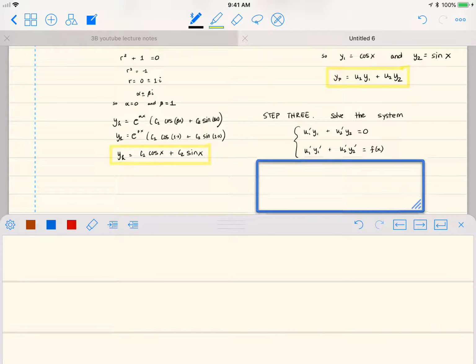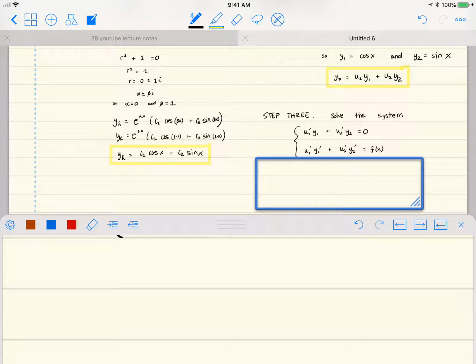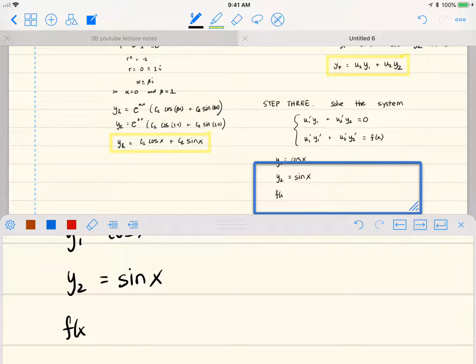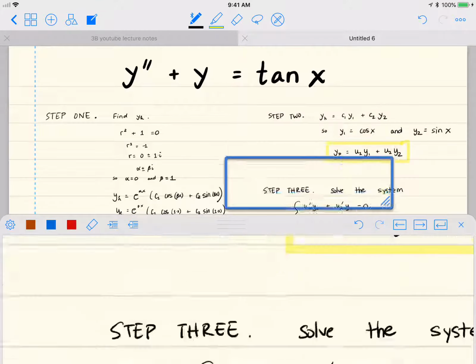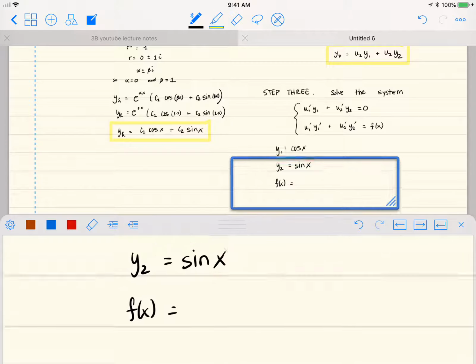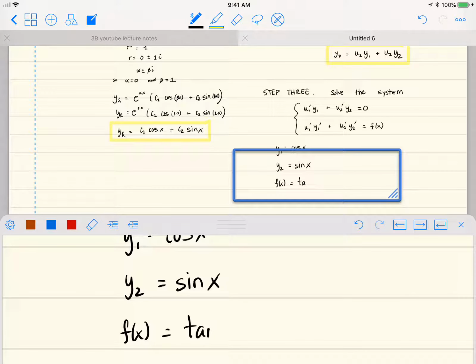Okay, and so for us, we know y1, we've already said y1 is going to be equal to cosine x, y2 is going to be sine x, and now what is our f of x? f of x is the forcing term, so that's going to be tangent of x. So f of x is tan x.